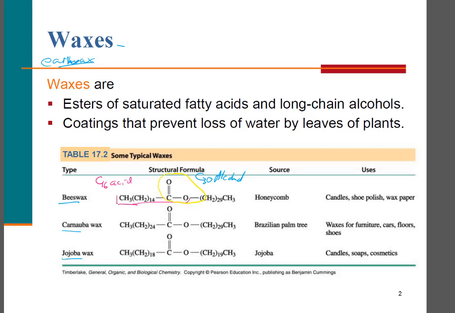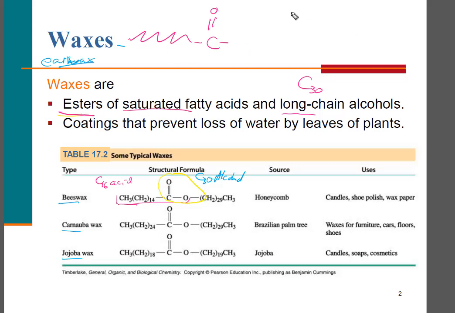Right. So waxes are esters of a saturated fatty acid, here a 16 carbon acid, and a long chain alcohol, a 30 carbon long alcohol. So the ester linkage, if you remember, is a combination of an acid, and I'll just put here, there's the tail of the acid, and then the alcohol, right?